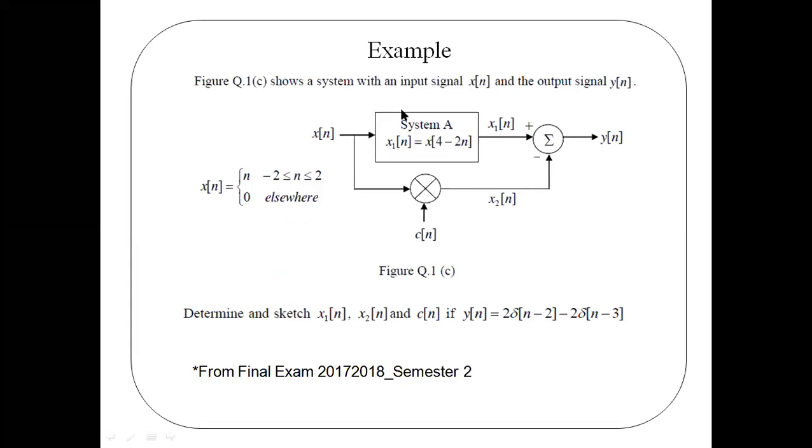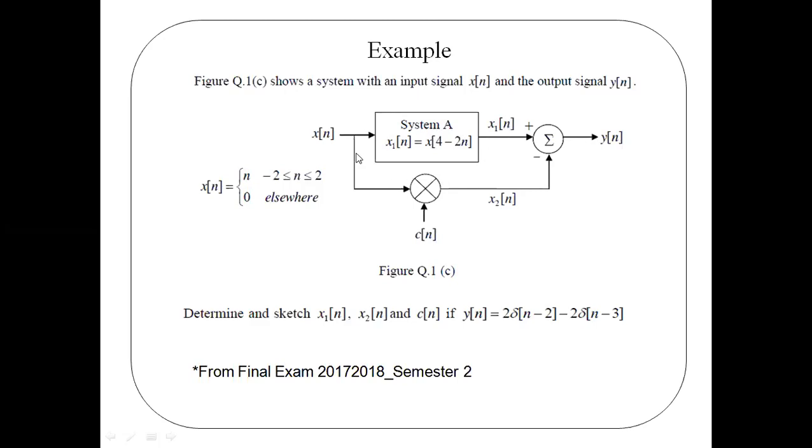The first goes to system A, where we have x1[n] equals x[4 minus 2n]. This is a new signal x1[n], produced from x[n] through these operations.